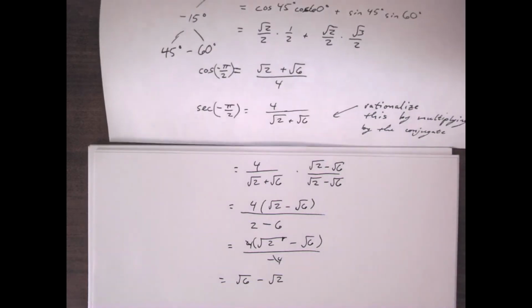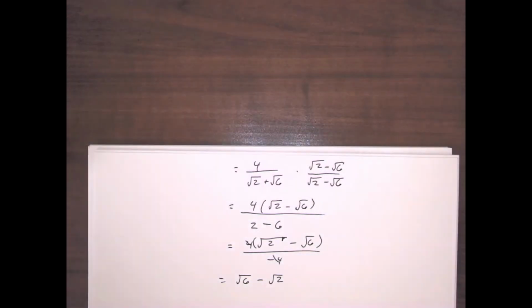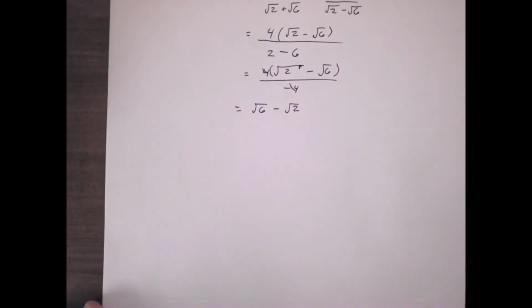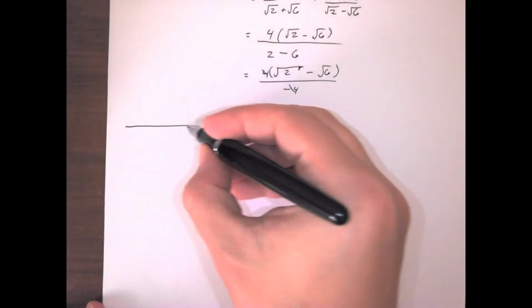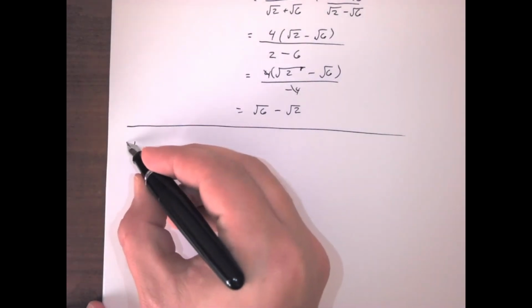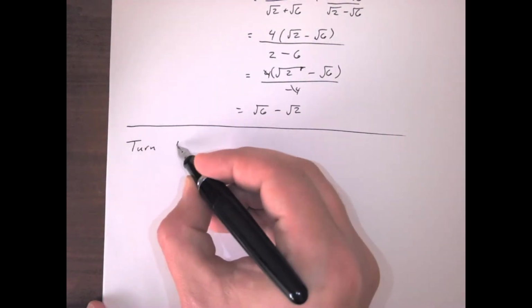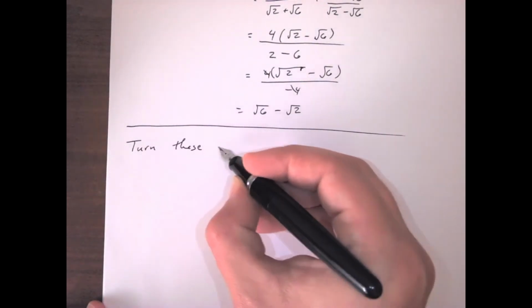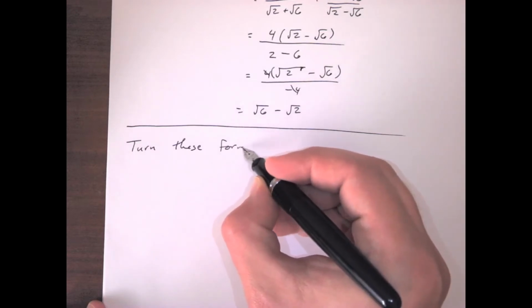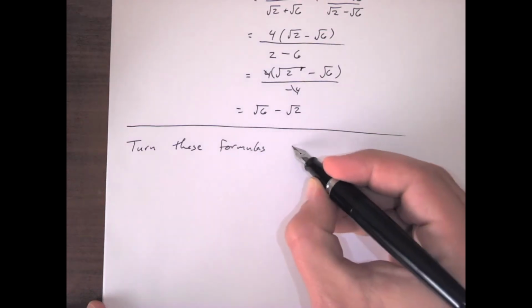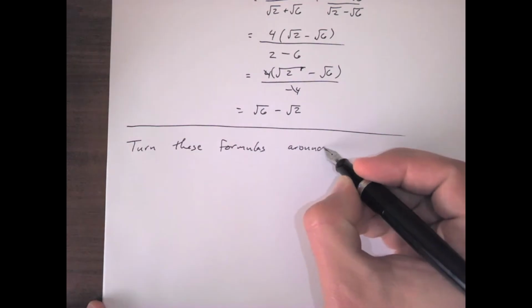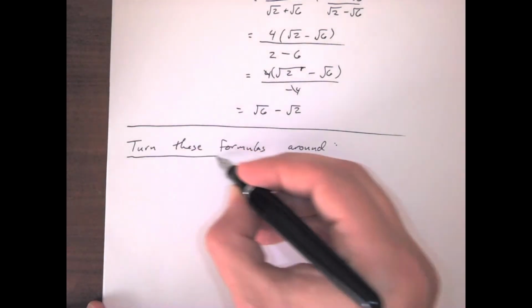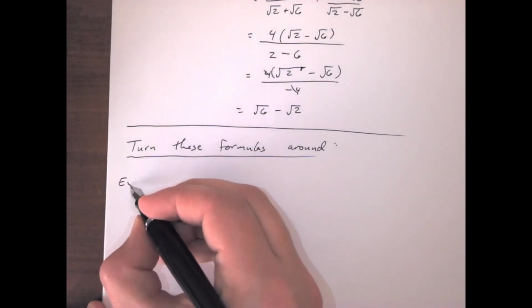Now, we can take these same formulas, these difference and sum formulas, and we can turn them around. Let's just see what that looks like.